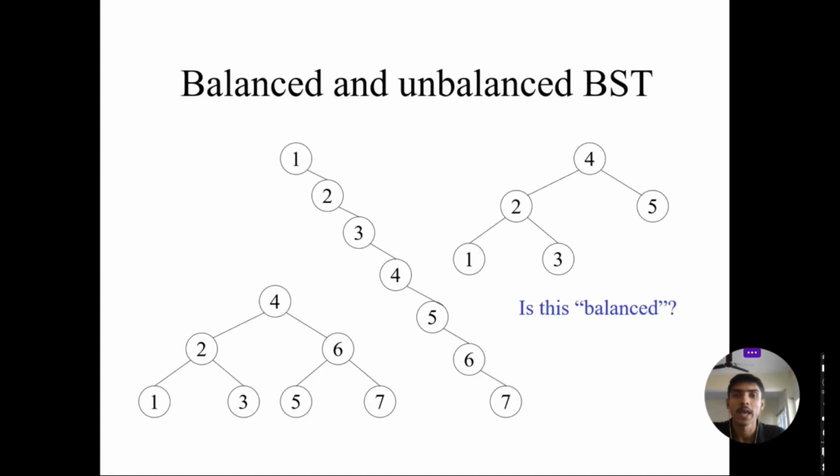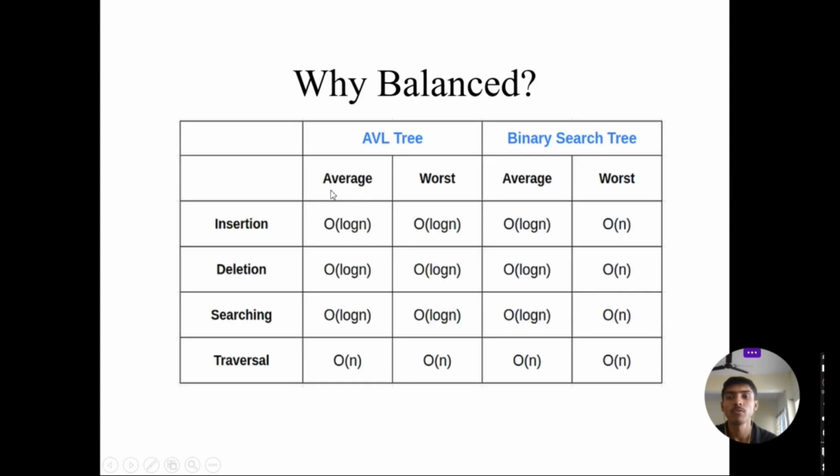So what are balanced and unbalanced binary search trees? A balanced binary search tree is a tree where the heights of the subtrees at each level are equal, or differ by at most one.